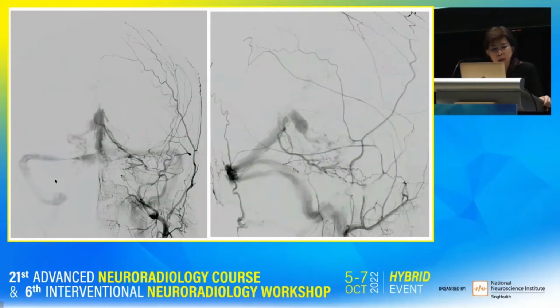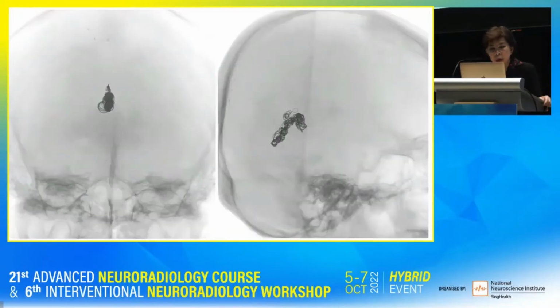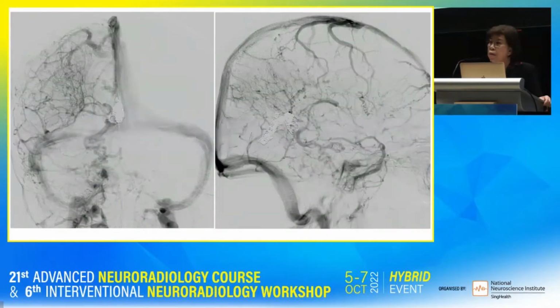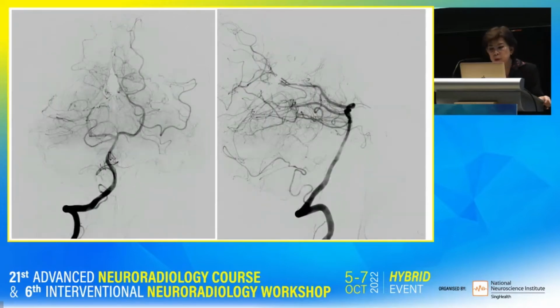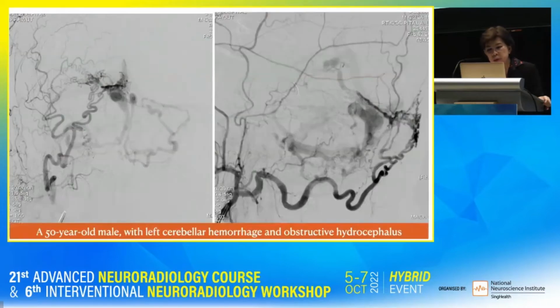So it's not difficult to go via here until we get into the vein of Galen and put a coil. And this is immediate. After that, you can see that even though the brain does not use the deep venous drainage, the congestion is significantly improved with the result of this.